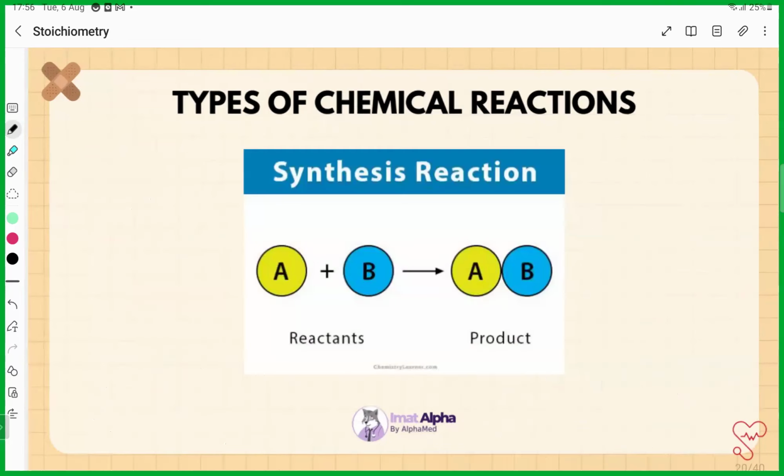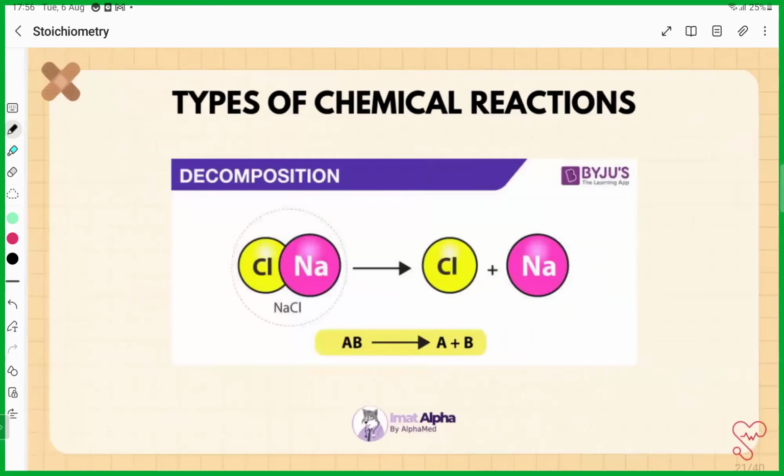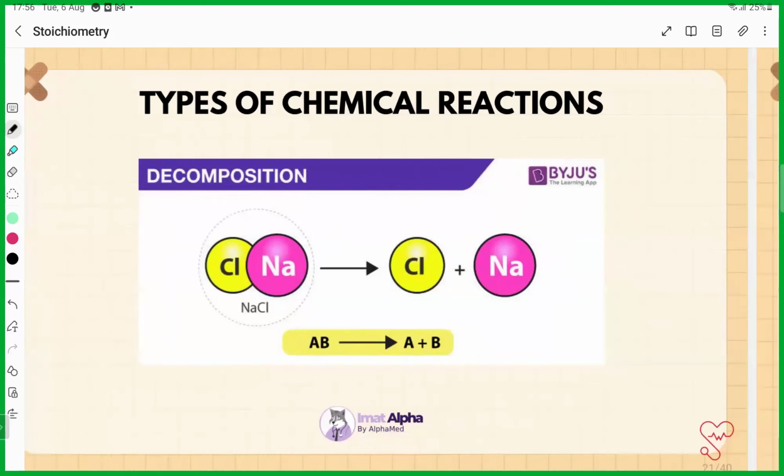Synthesis reaction means you have two reactants and you end up with a product having both of the reactants. Decomposition reaction is dissolving, let's say, any solute in water, or dissociating a big molecule. So AB gives A plus B, NaCl gives Na plus Cl.